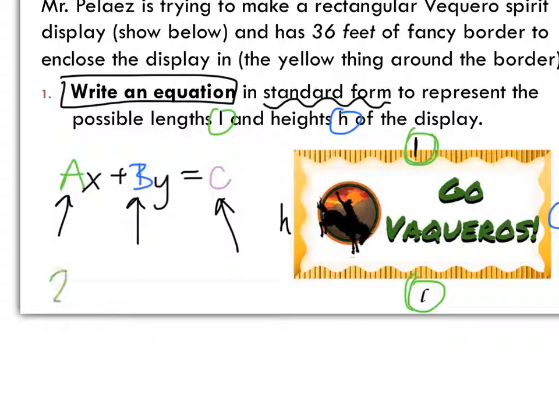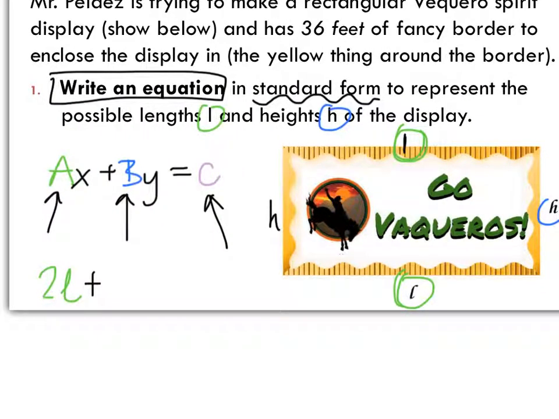So the way to think about it is two of one thing, two of the green. So I'm going to write 2L plus B. Let's let our B be the heights. Remember, just like the other one, we have two heights, this one and this one, plus 2H equals, here's the cool part, equals what?